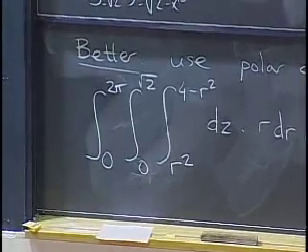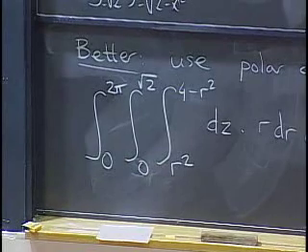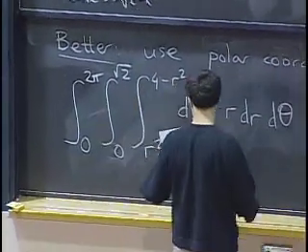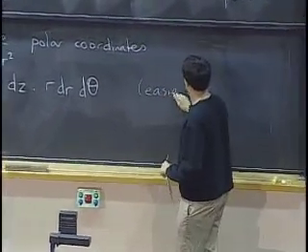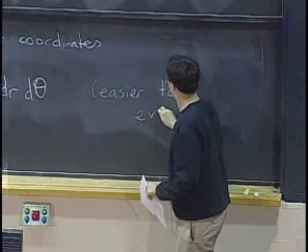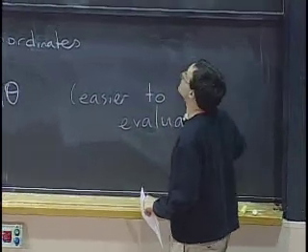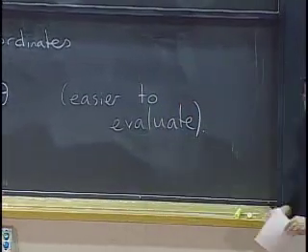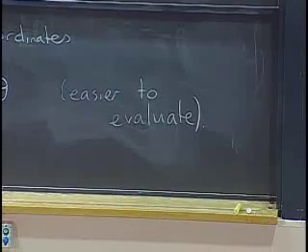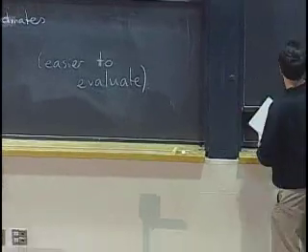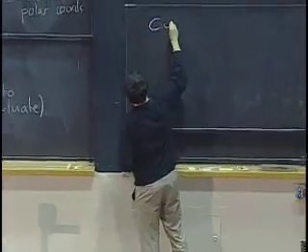And now it becomes actually easier to evaluate. Now we have actually a name for this because we're doing it in space. These are called cylindrical coordinates.